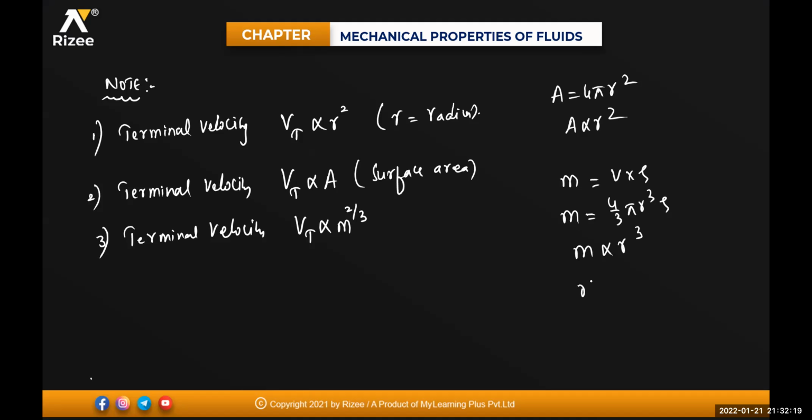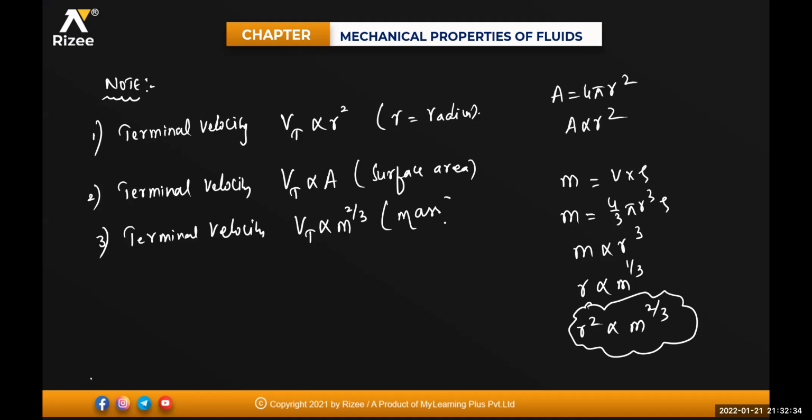That means r is proportional to mass to the power of 1 by 3, so r square is proportional to mass to the power of 2 by 3, where m is the mass. Clear for everyone? Important relation. Same way, terminal velocity Vt is directly proportional to p to the power of 2 by 3, where p is the momentum.